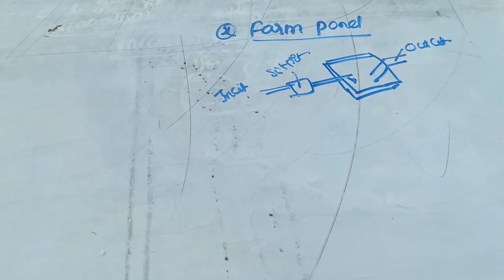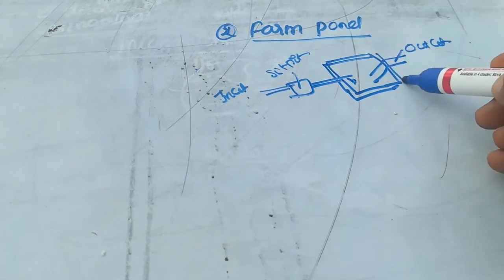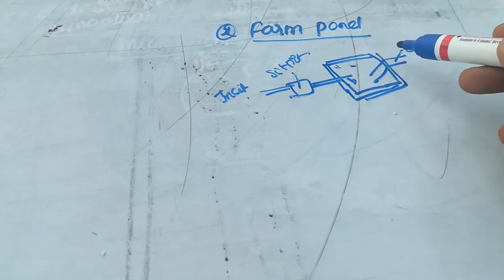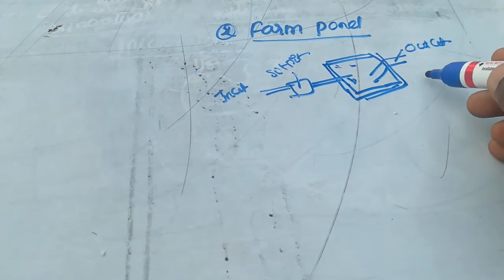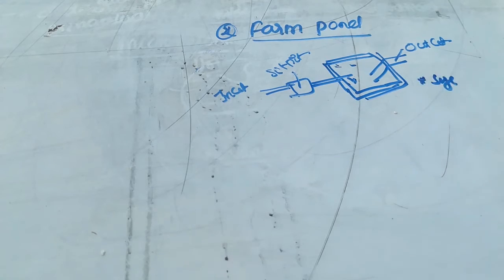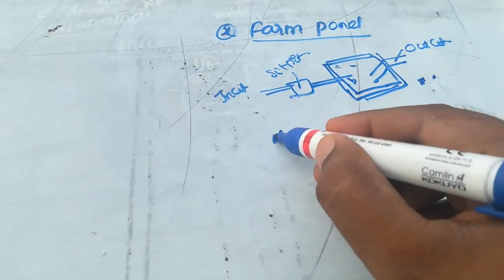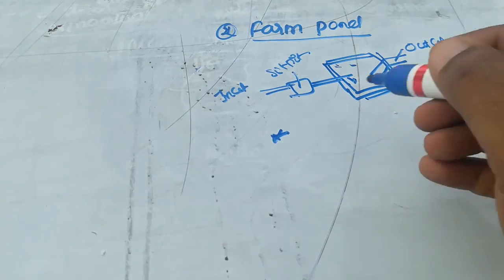Erosion is prevented by the banks of bunds, and the size depends on the amount of land available.